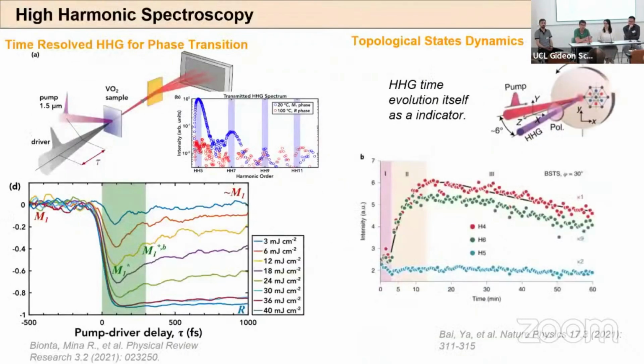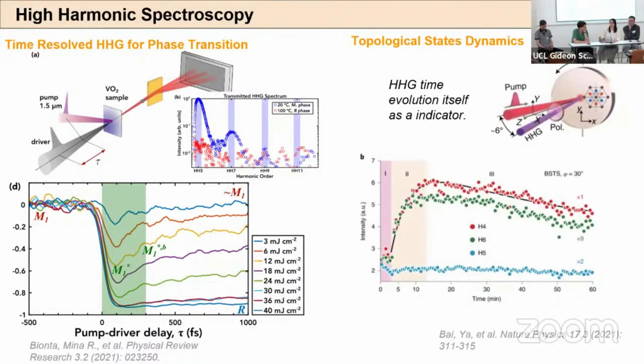So before Stefano tried to convince you that Attos is the only way to study time-resolved stuff, our community, high harmonics in solids, has been moving towards looking at dynamical systems and some dynamics within solids.